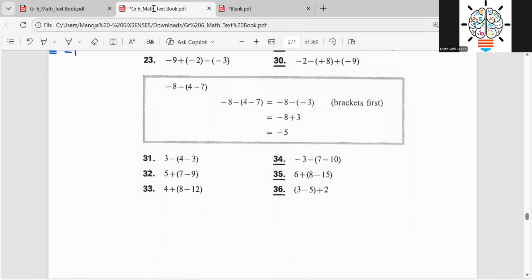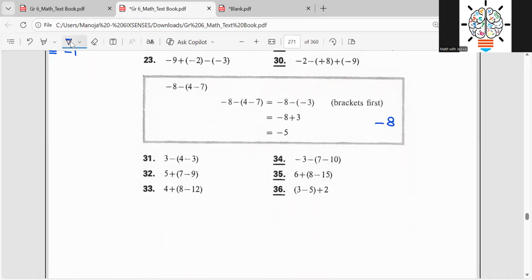Then I'm moving on. You just see you have -8 and subtraction, then 4 minus 7. Children, when you come across this kind of thing, first you want to solve the bracket, no? The 4 minus 7, what is the answer? You have -3, right? Then you rewrite this, -8, then the minus, again you have -3. Then minus, what happened here?